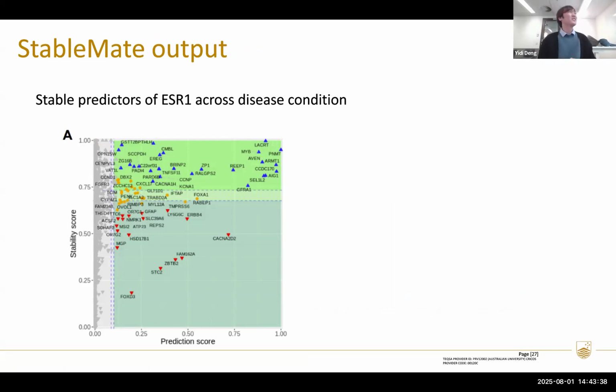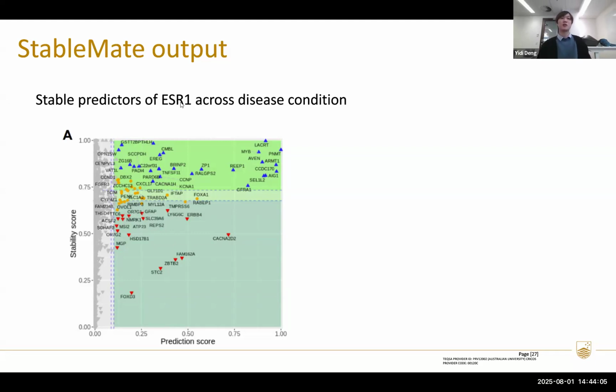Before I go into the algorithm, I first want to show you what the StableMate output looks like. So here's the variable selection plot. The input of StableMate should be data that is partitioned by some user-defined environment. For example, here we use breast cancer gene expression data, and we choose the environment to be the disease condition, the different breast cancer subtypes.